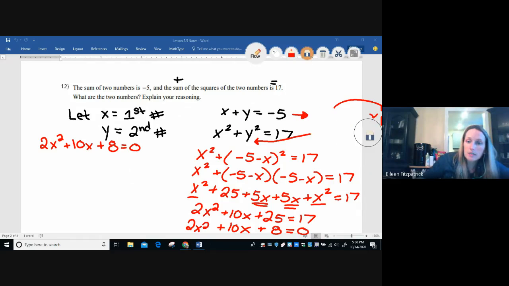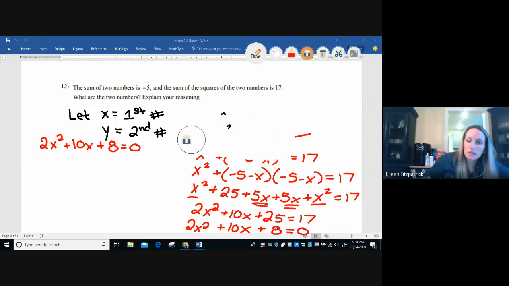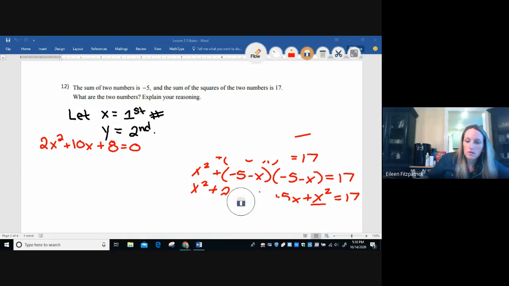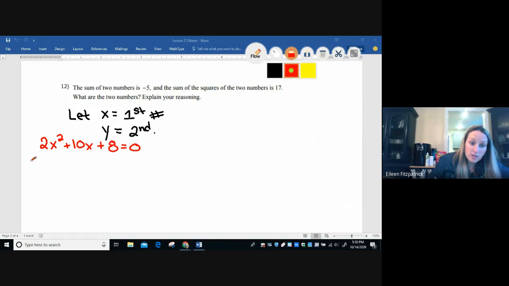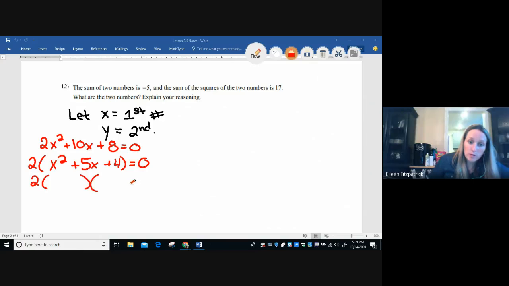All right, get rid of all this for now. All right, so let's try to factor out the GCF first. X squared plus 5x plus 4 equals 0. Then we'll try to factor by guess and check. Hopefully that'll work so we don't have to do like quadratic formula or something. So I have x times x.